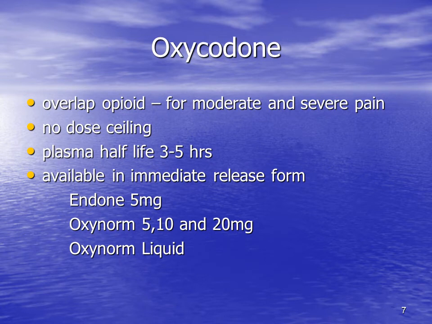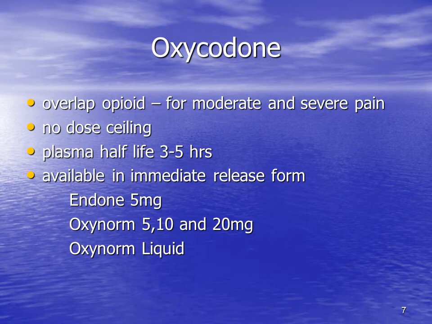So if you've got someone on simple analgesics, or maybe they've been on codeine and you're thinking of that next step up in terms of tablets, then Endone's been around for years and years, and we're all familiar with the use of Endone. So a 5 milligram dose. There's no dose ceiling, the same as morphine, so you can use buckets of the stuff if it's doing the job. It has a short half-life similar to morphine, and it is available in liquid as well.